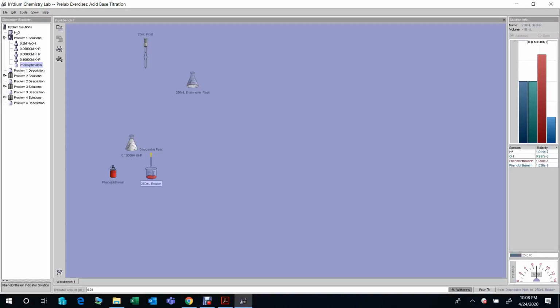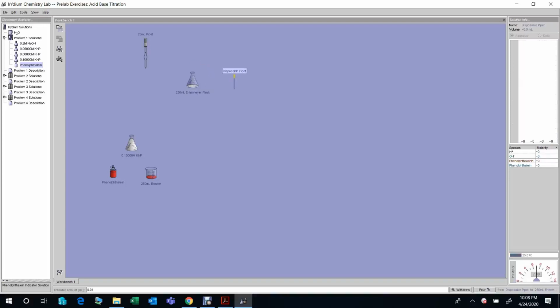And then withdraw. And then we pour this here, the same amount. Just now we withdrew 0.01 milliliter, and now we pour 0.01 milliliter.